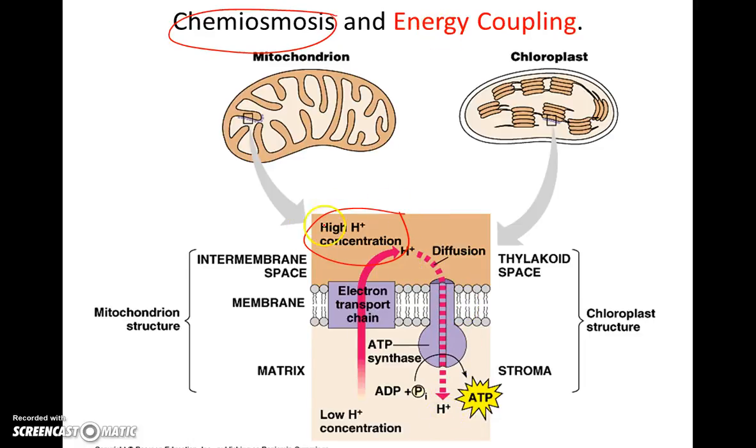This chemiosmosis is allowing for this protein to turn in a certain way and convert that energy into ATP chemical energy. Okay, so it's energy coupling. You're using the potential energy set up by chemiosmosis to allow this protein to make ATP. Okay, so it goes back to that energy coupling where you're using energy from chemiosmosis to form ATP, to form chemical energy.